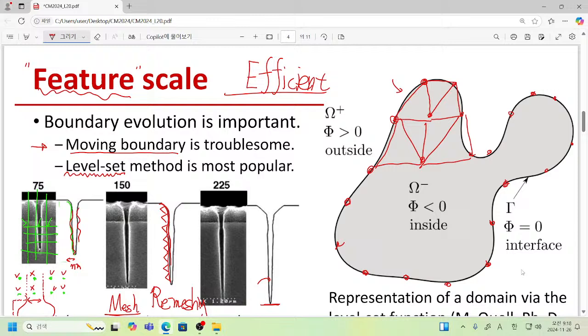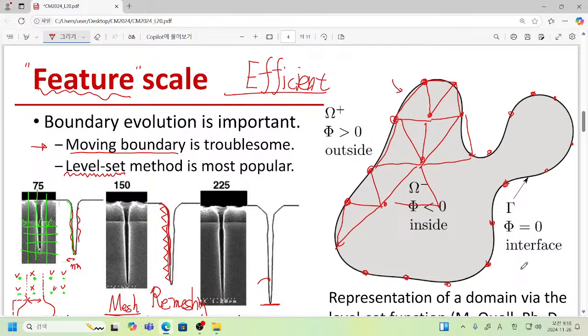Now you can easily understand this is a very efficient, general way to discretize our simulation domain. That is what we do in most cases, especially in device simulation, where we want this kind of discretized mesh.